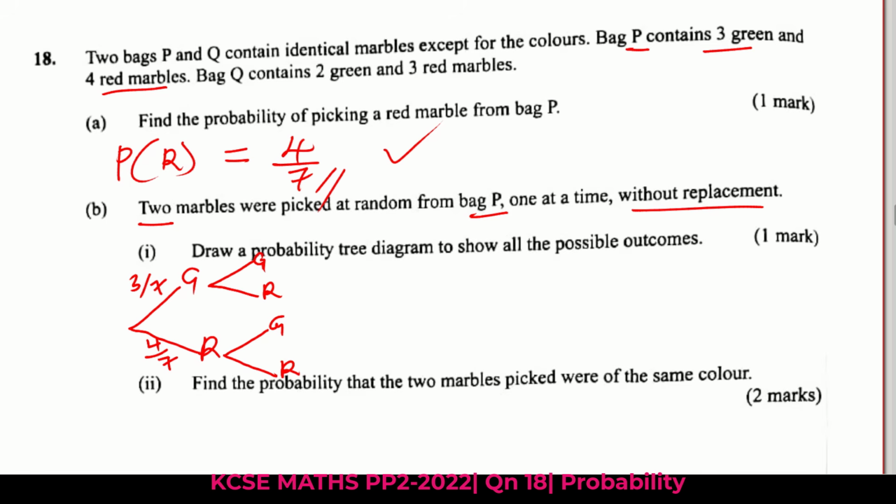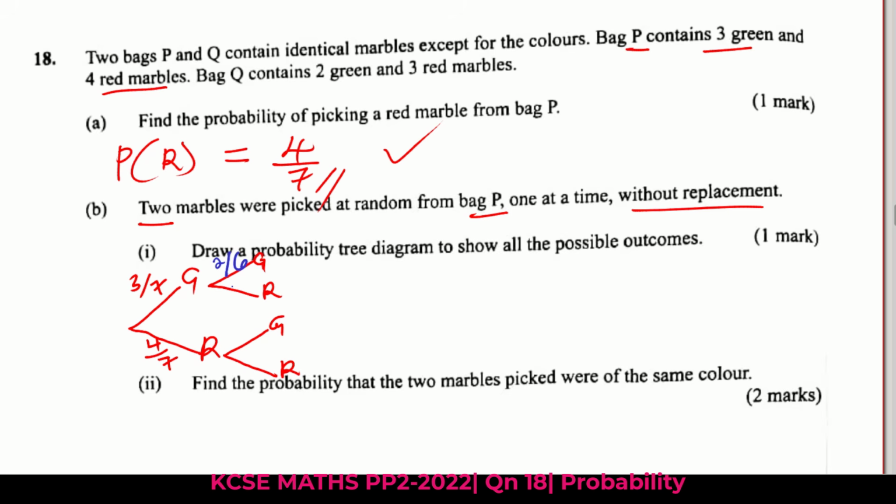Once you pick the marble, it is gone, the total changes. Like in this case, for the first green, the moment you go and pick the second green, the greens were 3, so it reduces by 1 in the second pick, so you'll have 2, and then the total will not be 7 because you've picked 1 green from that bag. The total will be 6.